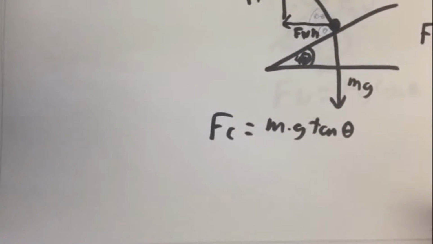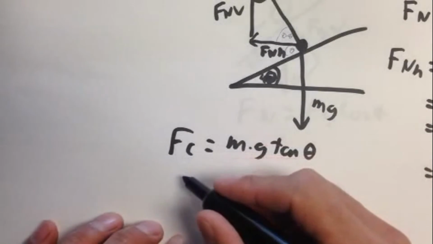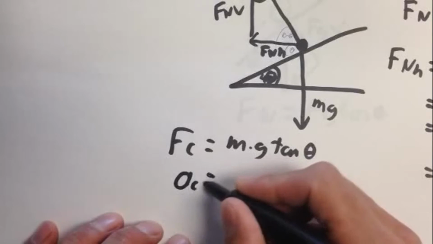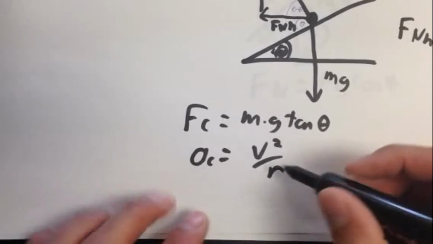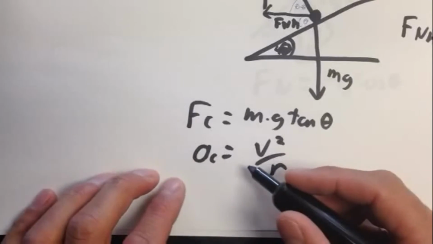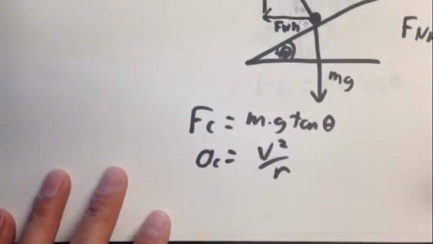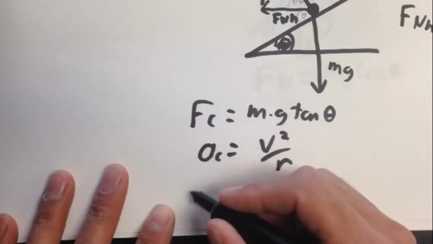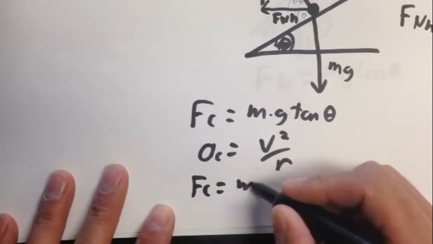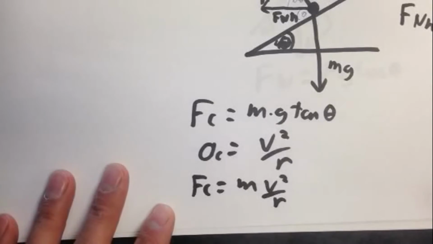Okay, so with a centripetal force of mg tan theta, we've got centripetal acceleration is v squared over r, and force is mass times acceleration. So that means that the centripetal force is m times v squared over r, but we found it to be mg tan theta.